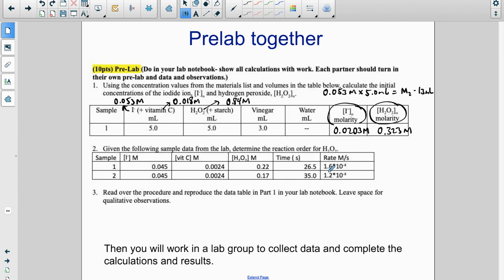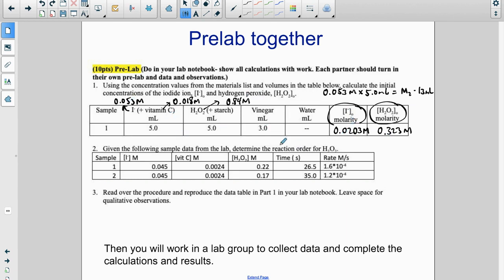All right, so here, the pre-lab, each person has to do their own pre-lab exercises, but then the lab group works together to collect the data and to complete the calculations and results together. So I just went over some molarity calculations, some dilution calculations, because it's been a while since we've done those.